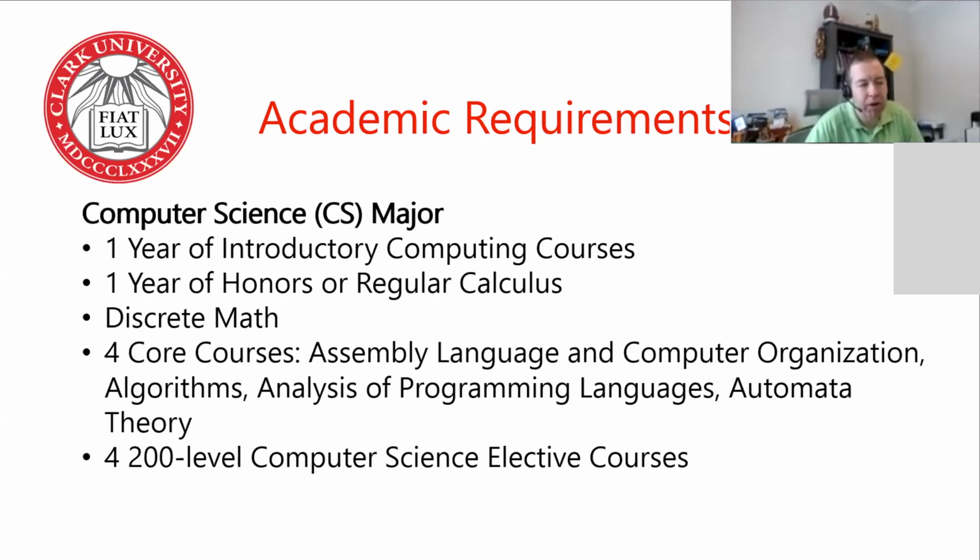The major requires four 200 level computer science elective courses. These courses rotate every year, oftentimes on an every other year basis. For example, I teach courses in computer vision, I've taught courses in networks, I've taught courses in databases, and those 200 level courses might be offered every other year.